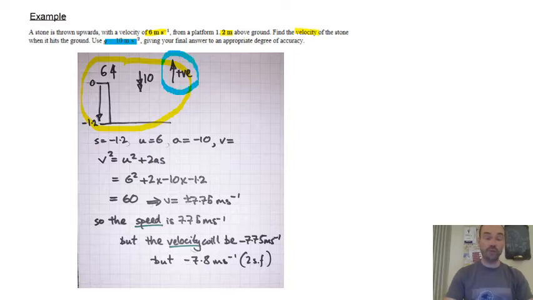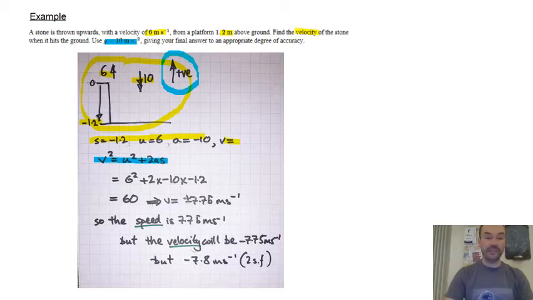That's going to be crucial because velocity, displacement and acceleration are all vector quantities, so the sign is important. Write down what we know, what we want to find, pick the appropriate rule, substitute in and solve.